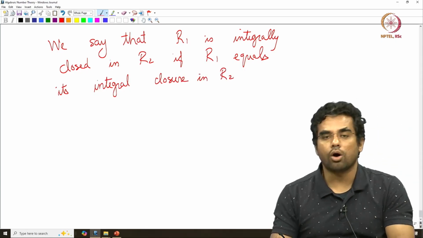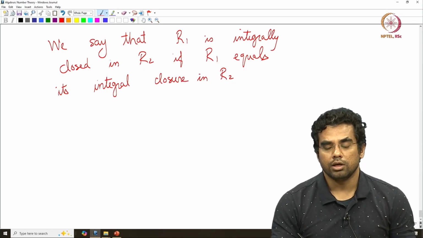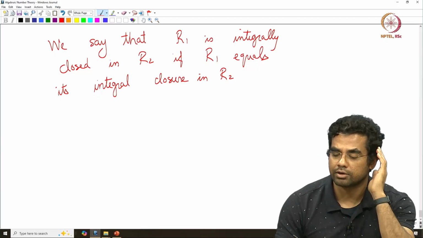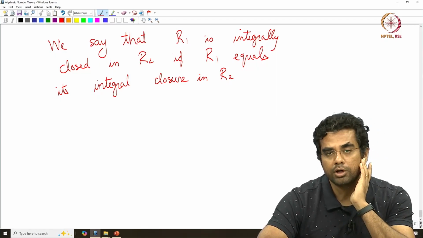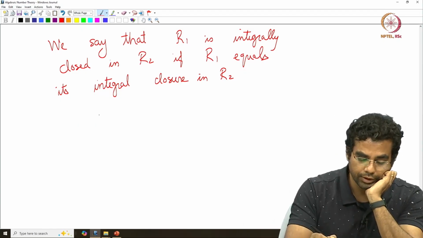So, you take all elements of R2 that are integral over R1. If the set you get is equal to R1, then we say that R1 is integrally closed. Every element of R is of course integral over R.